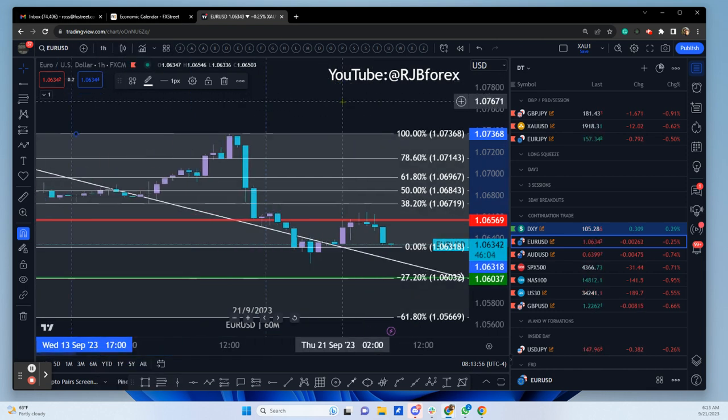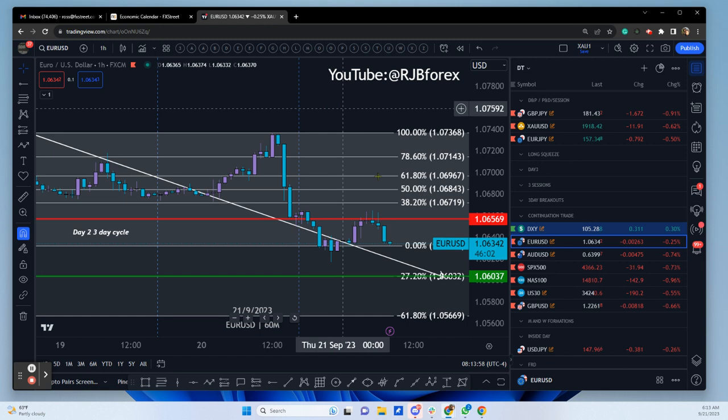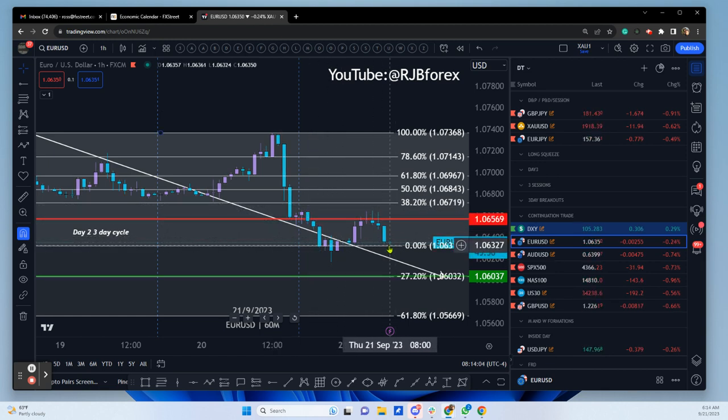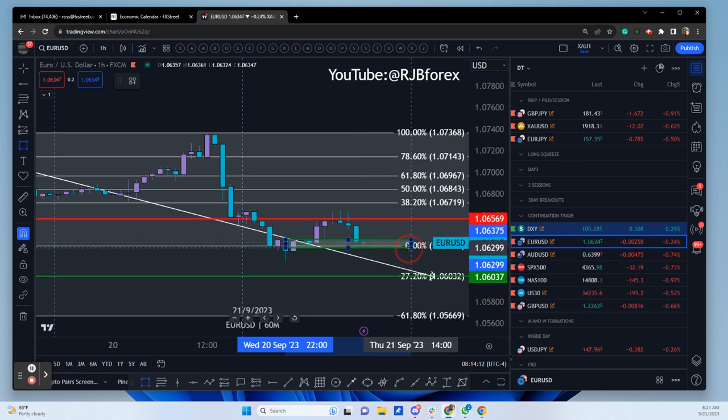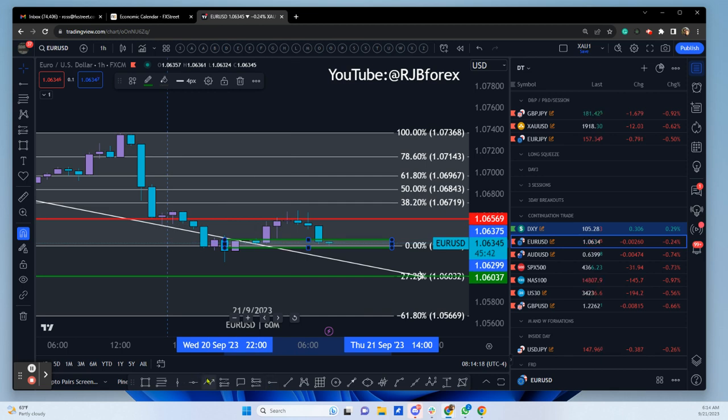Hourly chart. We had a sort of W formation. We've moved into the neckline. What we're looking for now is a break of this area, a break of the support area, which might look something like this.